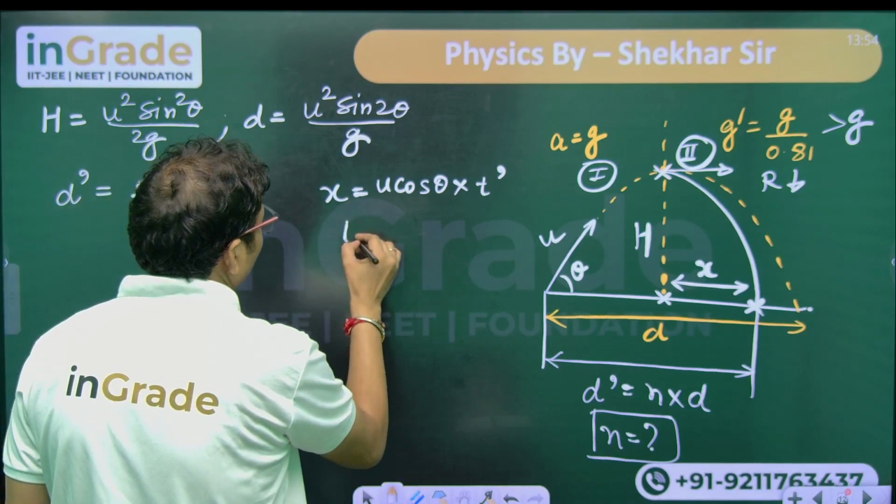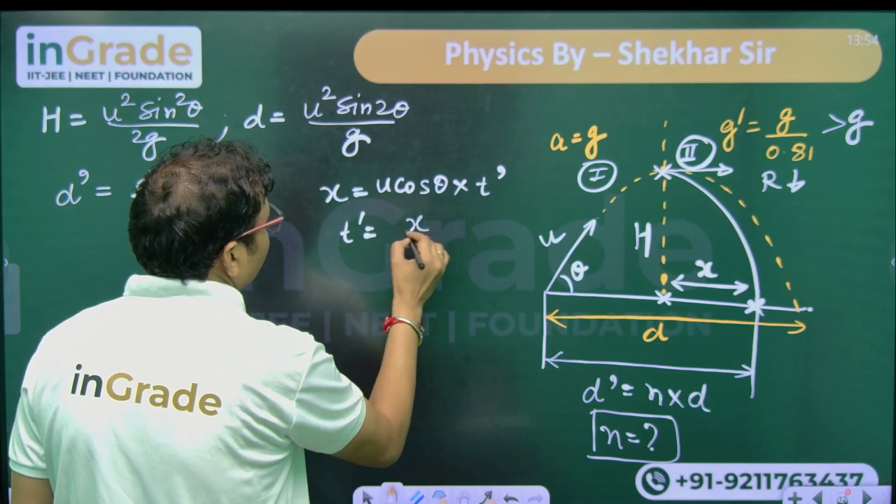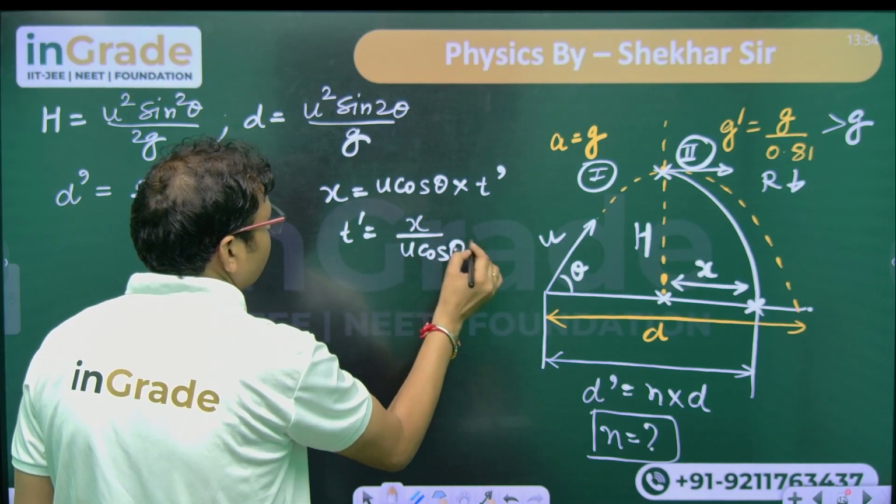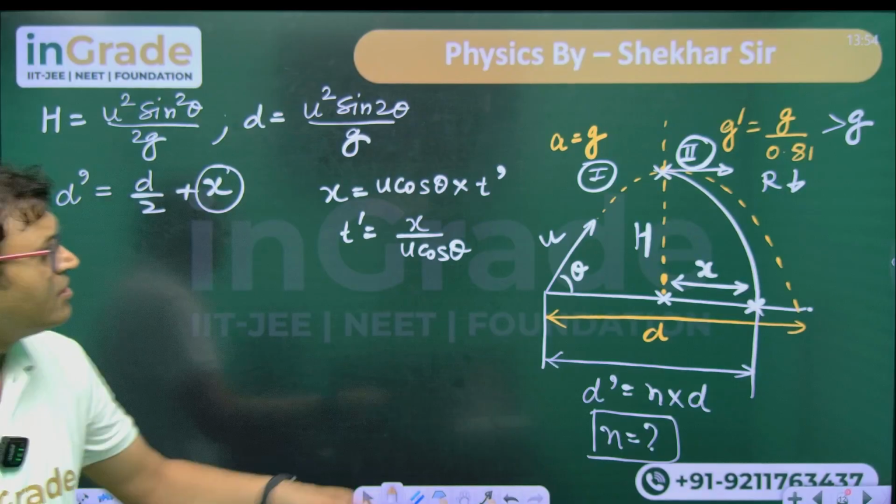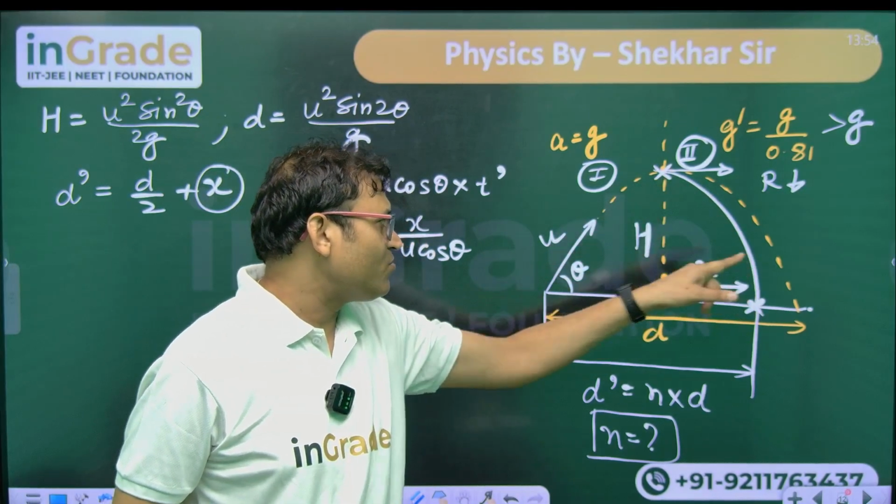So t dash will be equal to x upon u cos theta, the time taken during this motion.